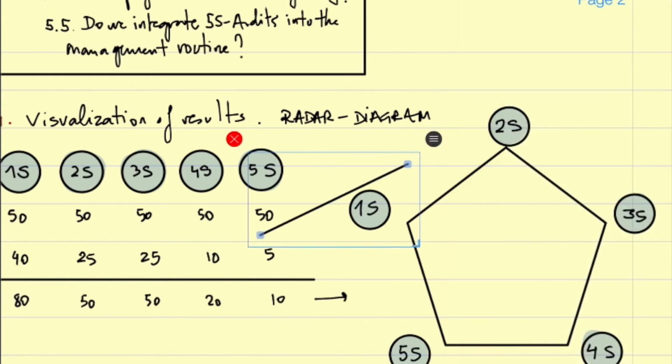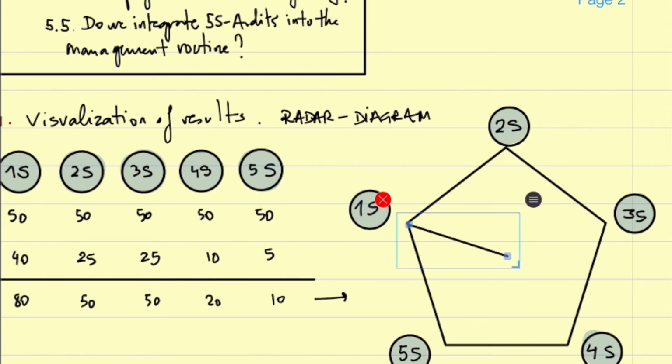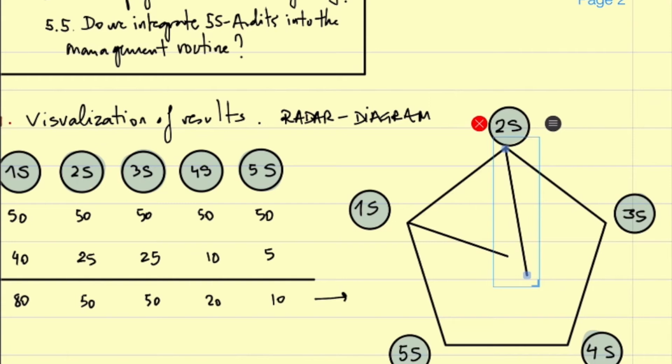And then we just make a scale. Okay, so we have here the center approximately of our radar.